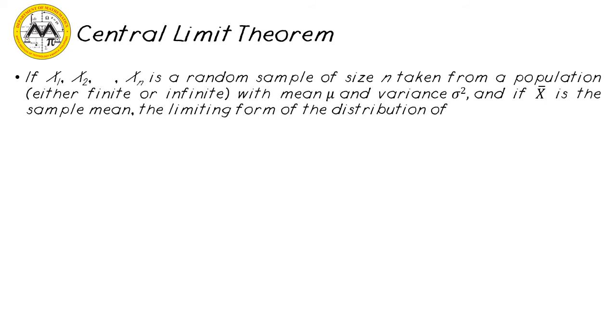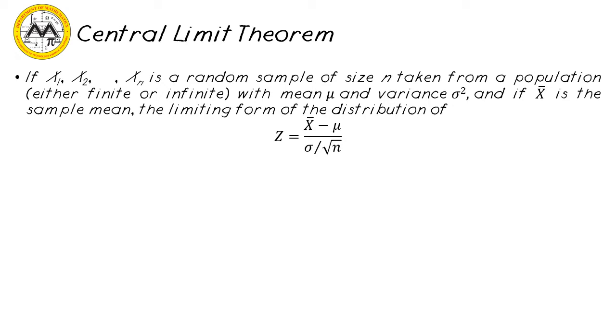If x1, x2, x3 up to xn is a random sample of size n taken from a population, either finite or infinite, with a mean mu and variance sigma squared, and if x bar is the sample mean, the limiting form of the distribution is z equal to x bar minus mu over sigma over square root of n.